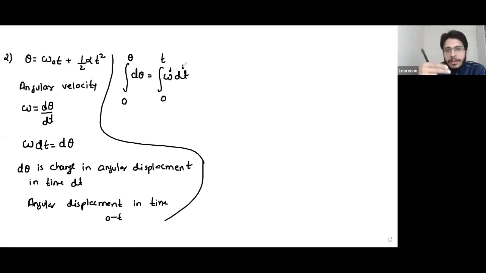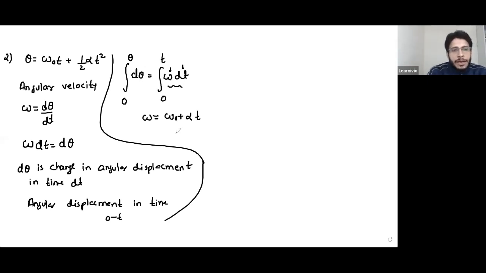You cannot integrate two variables simultaneously; you can at most integrate one variable at one time. So you have to write this omega as omega naught plus alpha t.